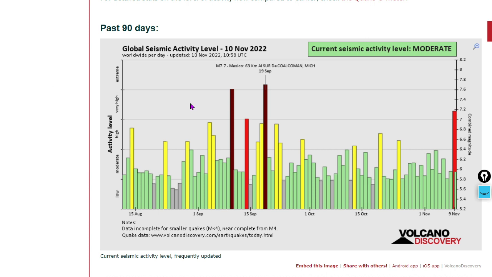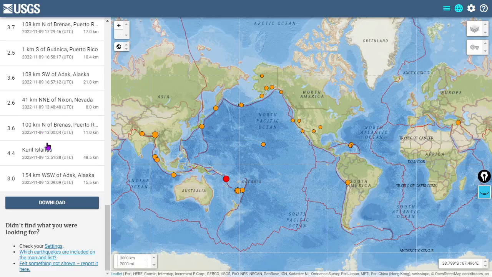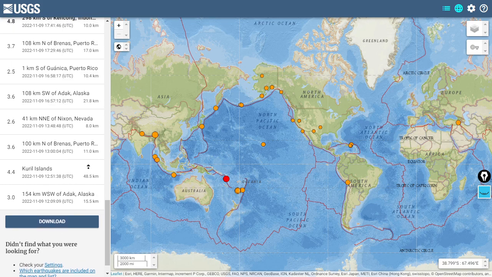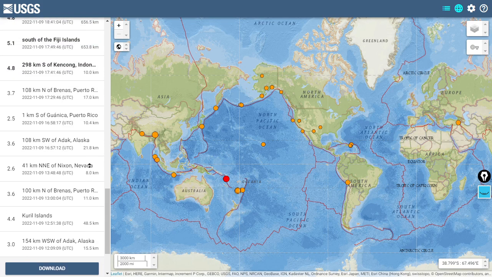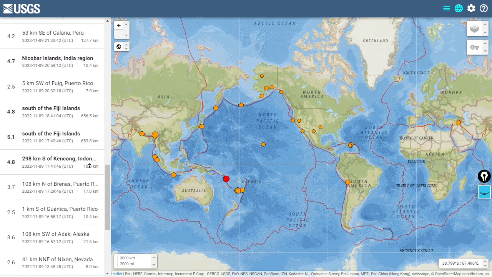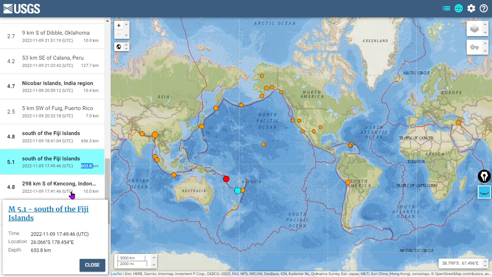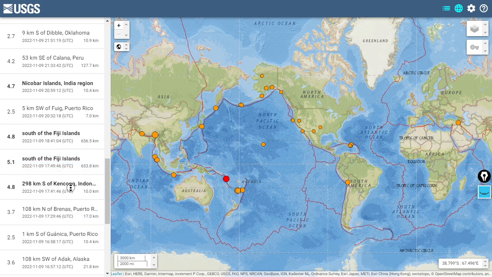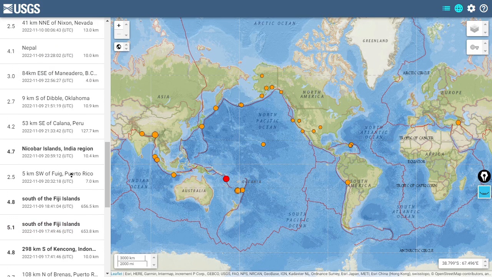Next, looking at earthquakes, and it's a whole lot calmer than it was yesterday. There's the past 90 days. We broke the earthquake drought with a deep quake in between Fiji and New Zealand. Since then, the largest quakes have been aftershocks in that area, like this 5.1, still at extreme depth, over 650 kilometers estimated depth for that apparent aftershock.